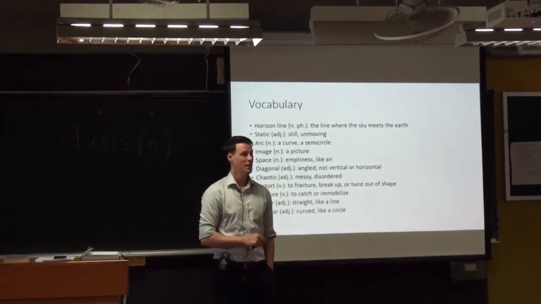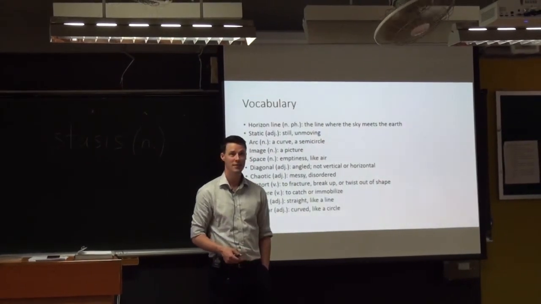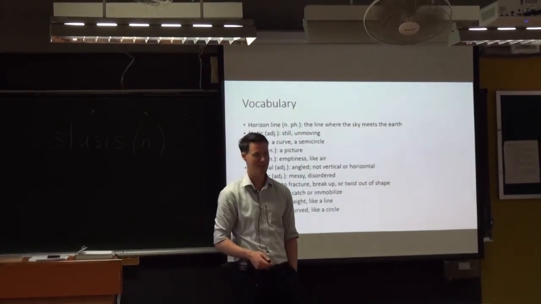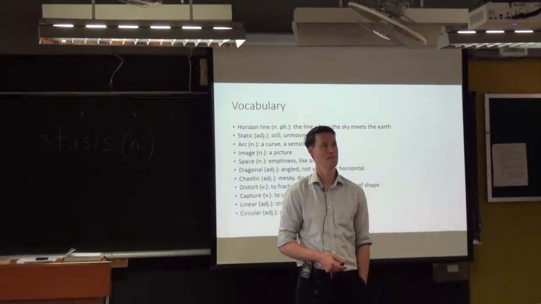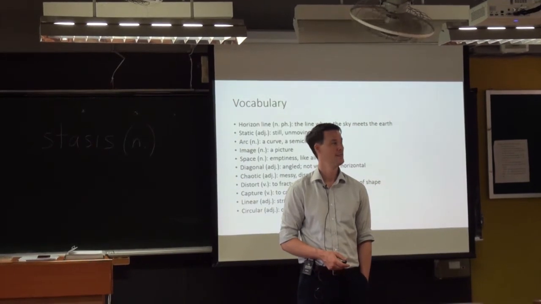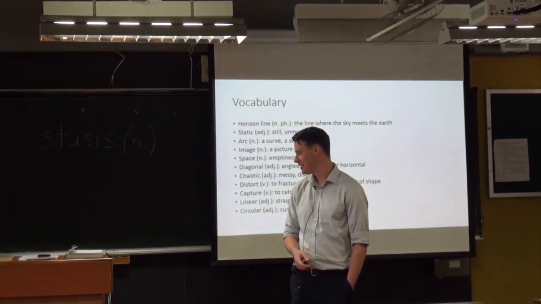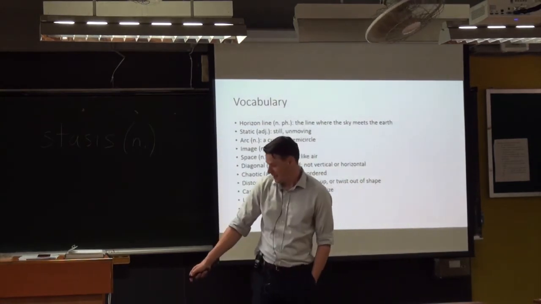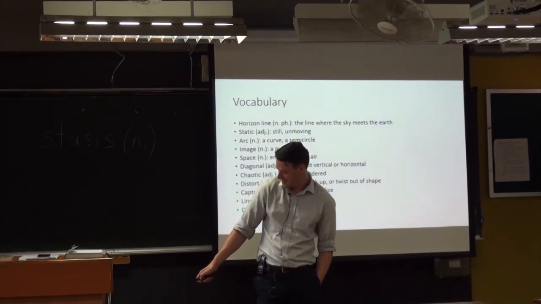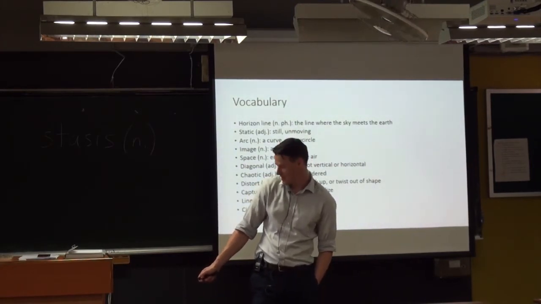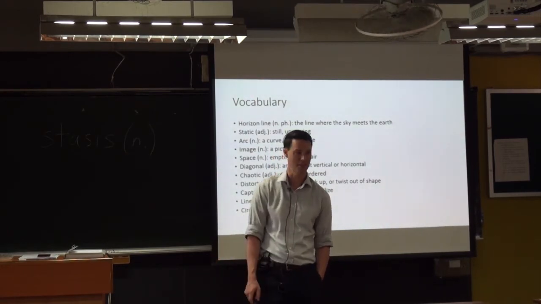Okay, so do we have any arcs in this room? Are there any arcs anywhere in this room that you can see? On the Shida nameplate on the podium, you can see there are some semicircles or arcs in the center.